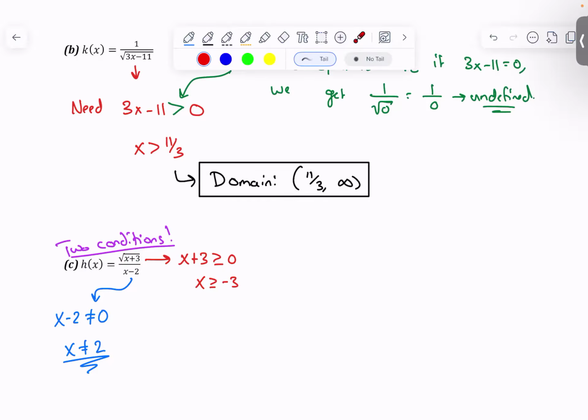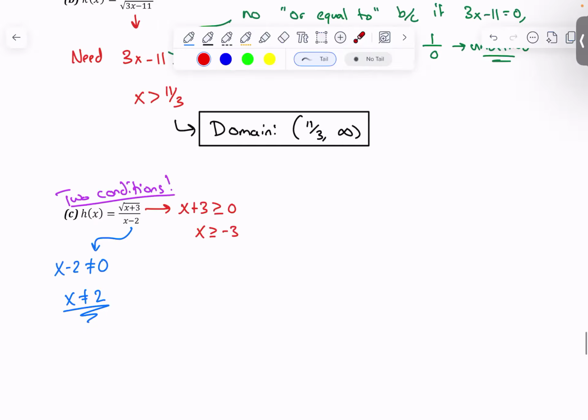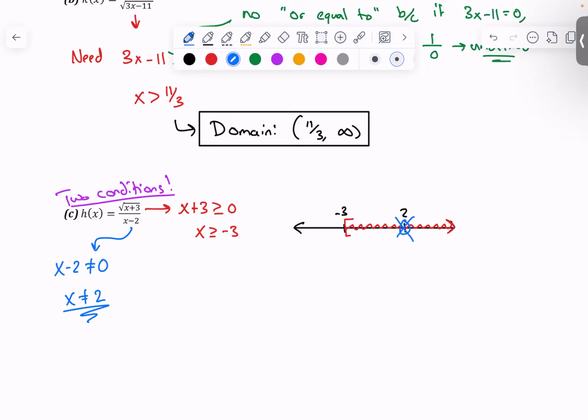That's a problem. So on a number line, we have to take care of both of these conditions. Here's -3 and here's +2. From the red, we know that everything to the right of -3 is fair game. However, the blue says that 2 cannot work. So we have to pluck this out. We still have to remove it.